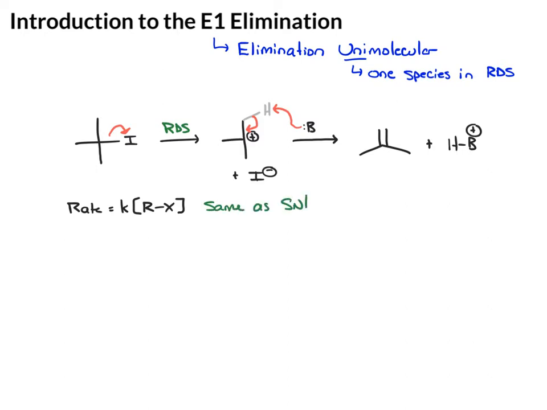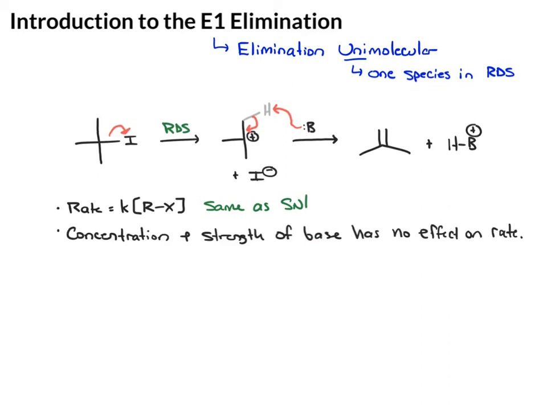That also tells us that the concentration and strength of the base has no effect on the reaction rate. Again, because this is like SN1, you're waiting for the leaving group to leave, and the base can be anything with a lone pair.